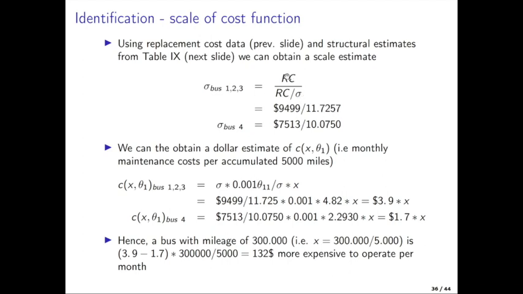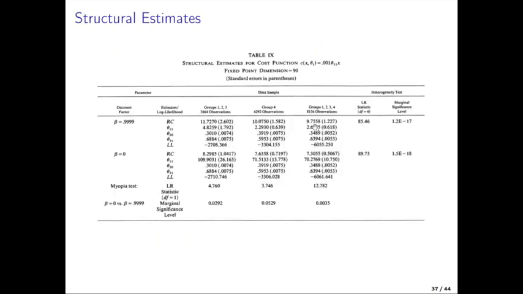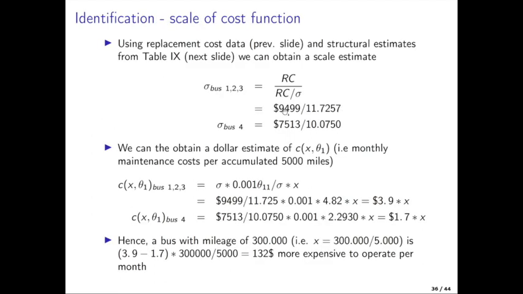So we got the replacement cost of $9,500, and then the parameter estimate 11.32 on the next slide. This number here is our scaled estimate of the replacement cost. Dividing these two with each other, we get some number. We can do the same thing for bus group number 4.